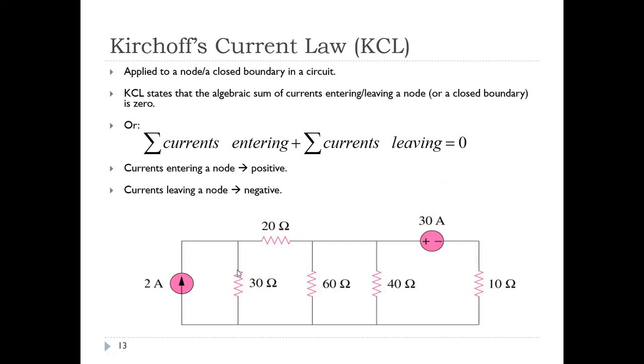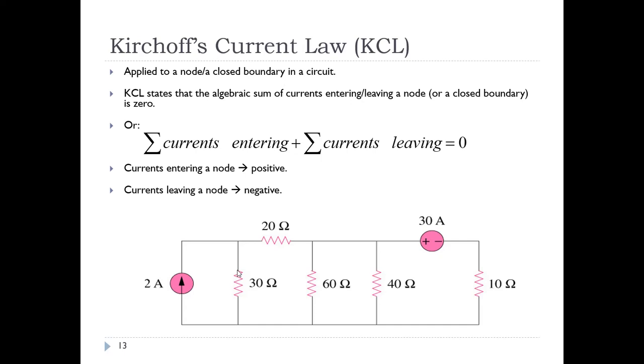That's about the node, branch and loops. For the case of Kirchhoff's current law, you will focus on a node or closed boundary. KCL states that the total sum of the currents entering or leaving a node or a closed boundary equals 0, or the equation given: currents entering plus currents leaving equals 0.